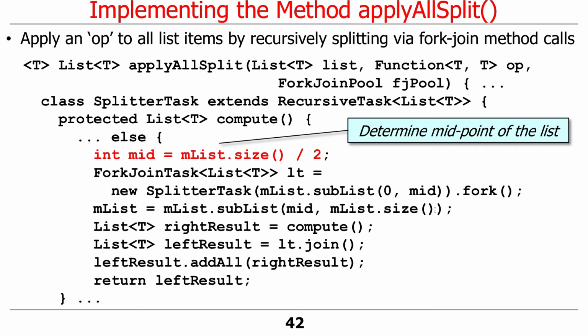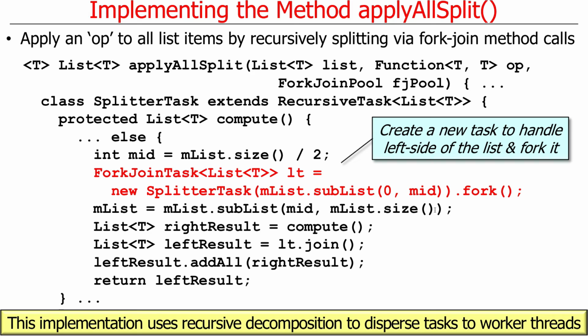Here's the more interesting part. This is the recursion itself. So what we do is we figure out the midpoint of the list. So let's say the list was 100 elements. So now we're going to have the midpoint, which would be 100 divided by 2, which is 50. So that's where we're going to split the list. And then we go ahead and make the left-hand side, the left list of tasks.